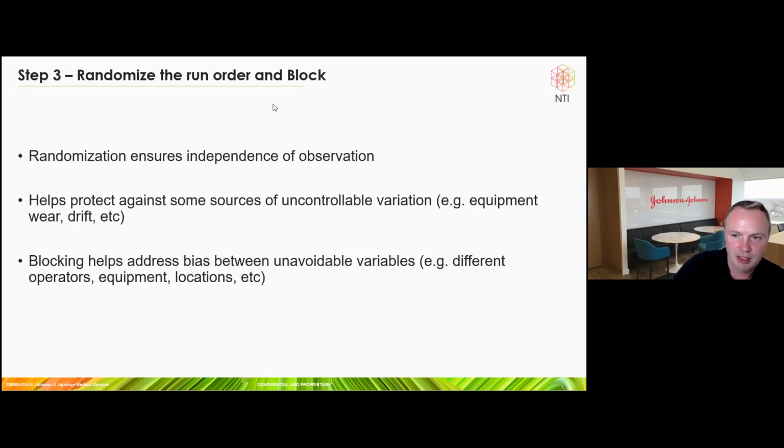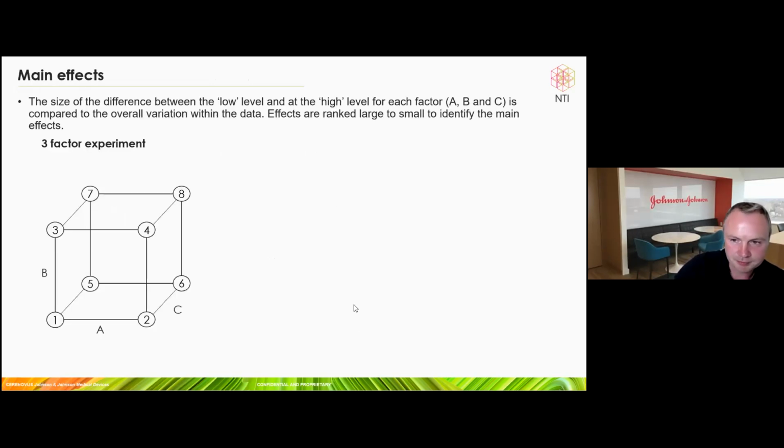So that also helps control against variation that might come from equipment drift, etc. Also, if you do have unavoidable sources of this, then it's better to block those and account for them within the experiment. So if you have to run the experiment over 2 days, and you need 2 people to do it, or in 2 different countries, then account for that within your experimental design.